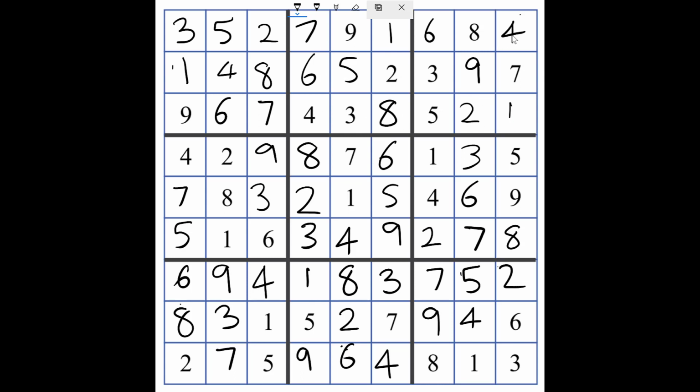So once you've done that for each grid, you then have to just double check it for each row and column as well. 1, 2, 3, 4, 5, 6, 7, 8, 9. All the grids are fine. Then you check all of your columns and you check all of your rows.